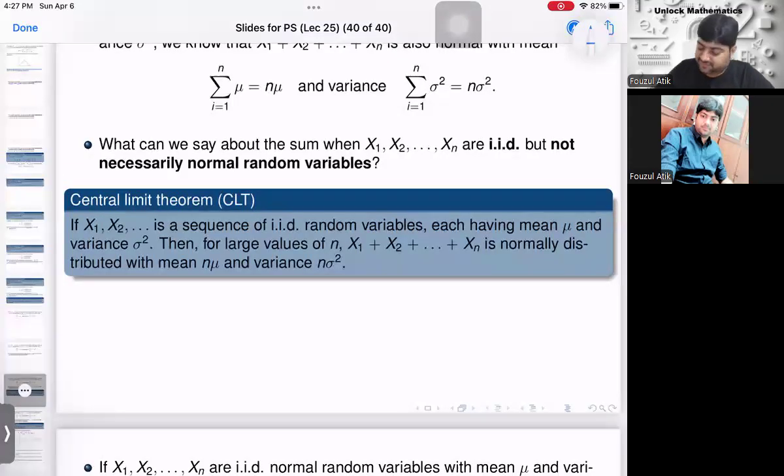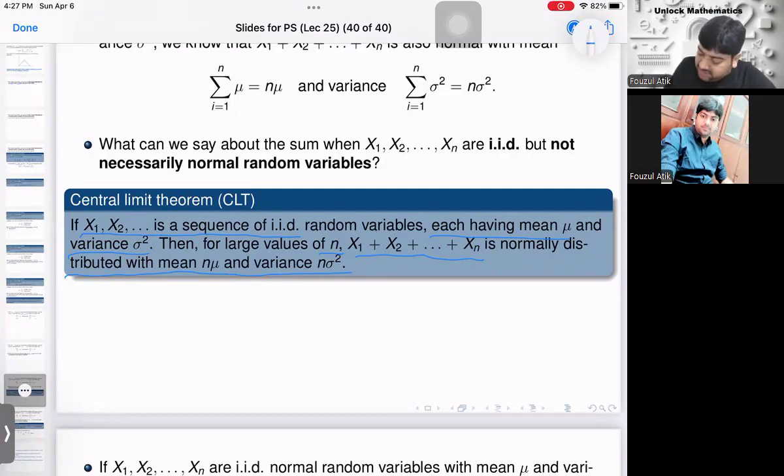It says that if X1, X2, ..., Xn is a sequence of independent, identically distributed random variables, each having mean mu and variance sigma square, then for large values of n, that means n is a very large number, the sum X1 + X2 + ... + Xn is normally distributed with mean n mu and variance n sigma square.